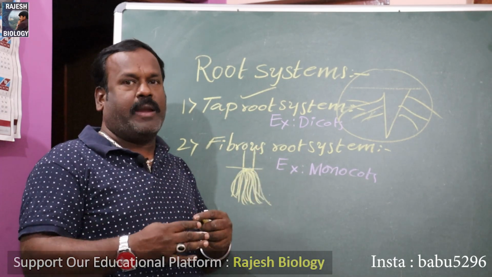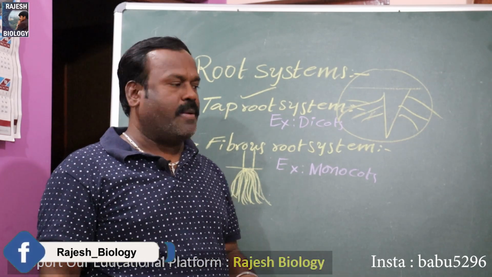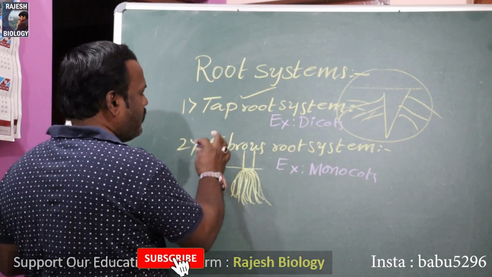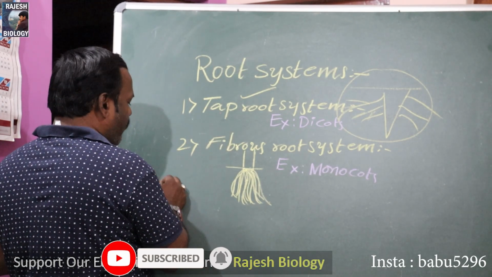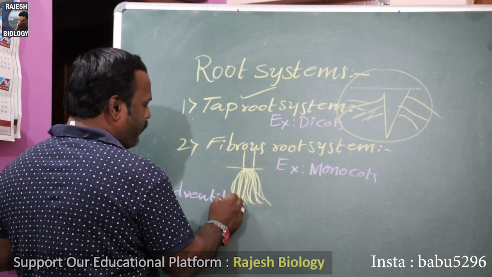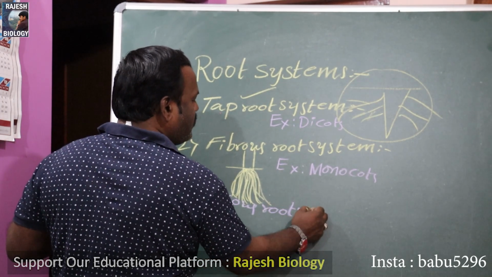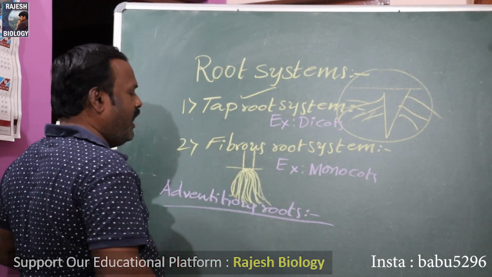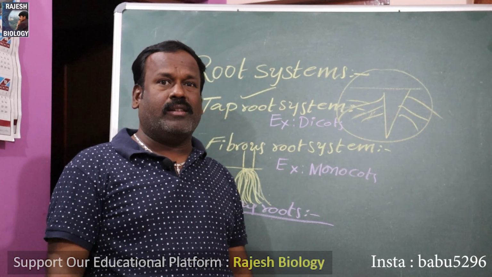A third type of root system also exists, called the adventitious root system. But we can't consider it a third type; it is a special type. Examples are Monstera and banyan.